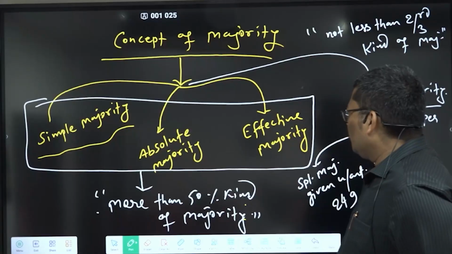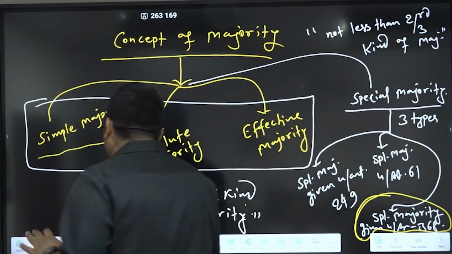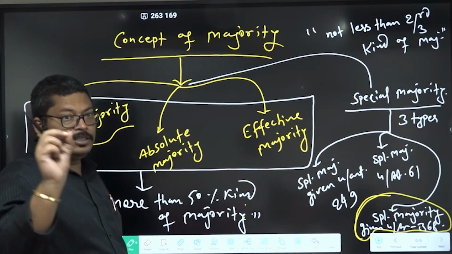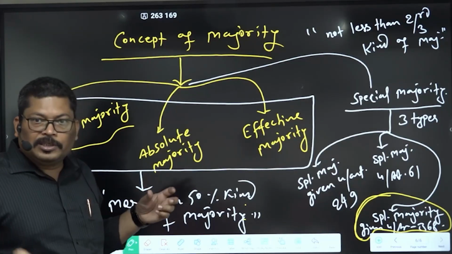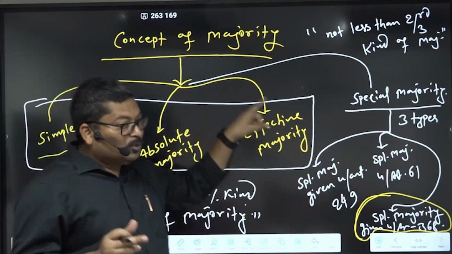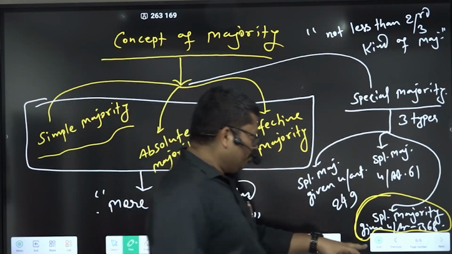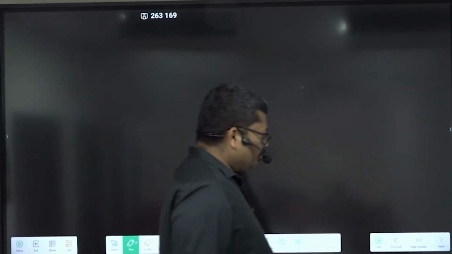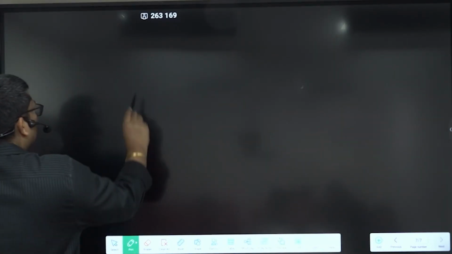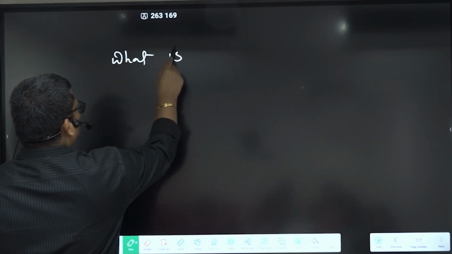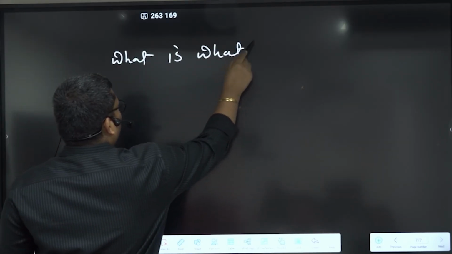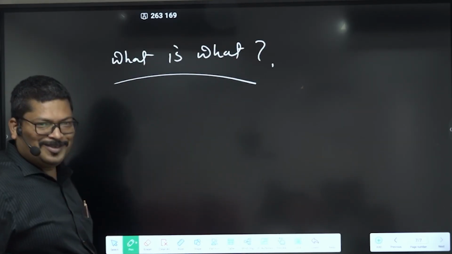Okay. Now, let's try to find out that something, that what, like 50%, more than 50% of what, not less than two-third of what. So, we are going to find out what is what.